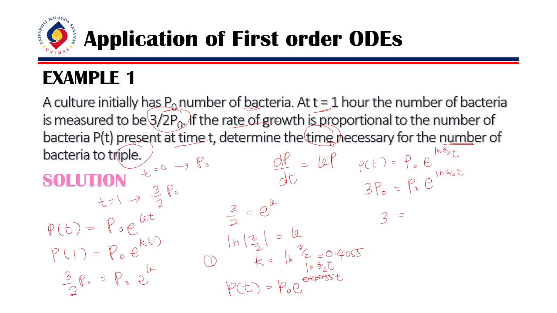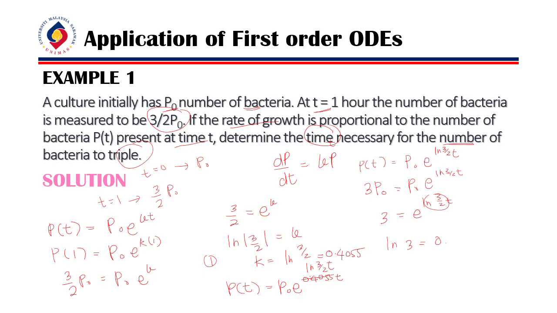We get 3 equals e to the ln 3 over 2 t. We plug in number 3 inside here, and then we take the ln on both sides, so ln 3 is equal to this one.